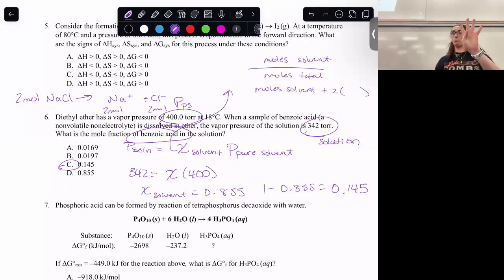So that means you actually have 4 moles total of your ions. And that's what's contributing to the mole fraction portion. Yes, if you were solving for the solute, it would be 4 over solvent plus 4. Yep.